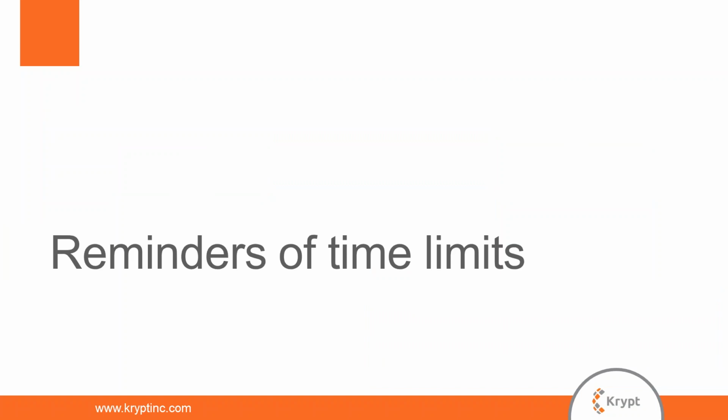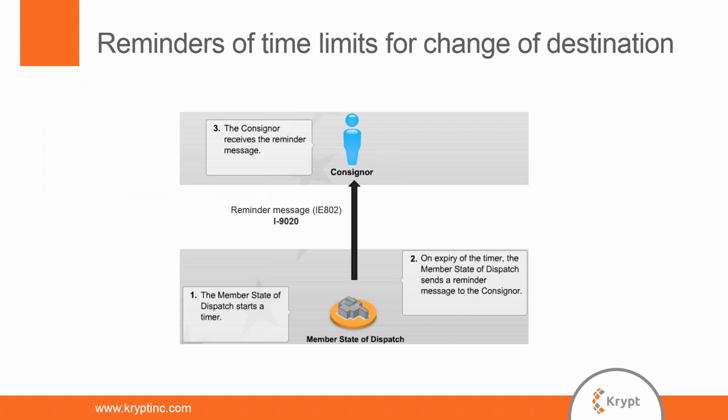Now, there are some reminder messages provided by the EMCS framework. So, reminder of time limits for the change of destination. What happens is, if the member state of dispatch is informed about the partial or total refusal of a consignment, then it starts a timer in the background.